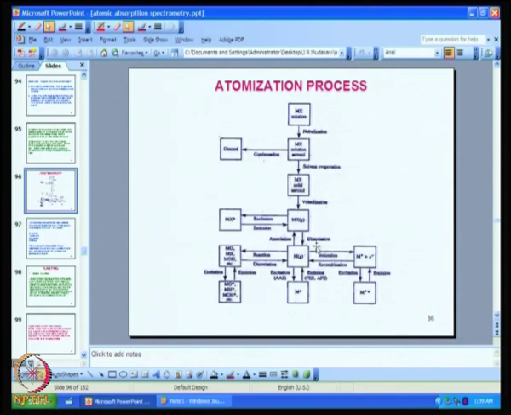But what is of interest to us is this: MX should go to M plus, and this M plus should pick up an electron and form metal atom.